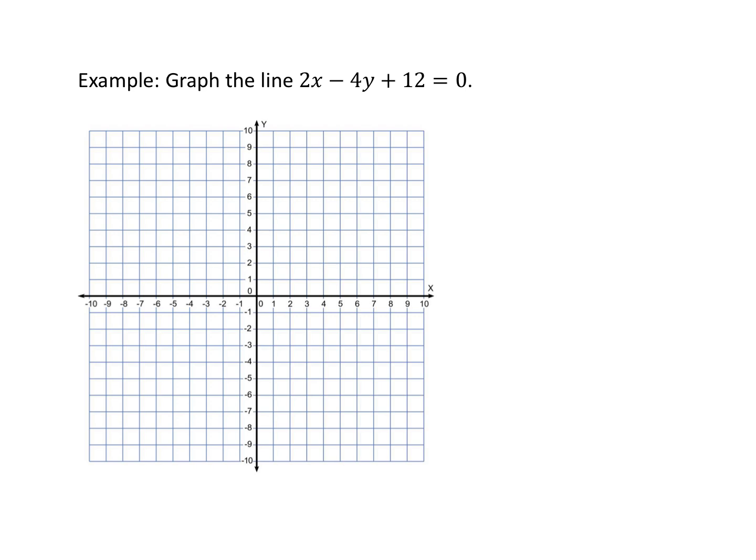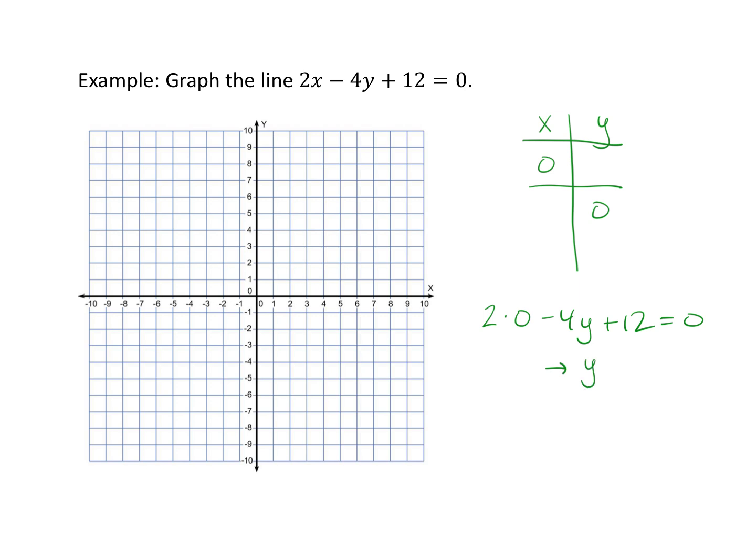In this problem, it's given in general form, which is not particularly helpful. So I'm going to use the intercept method by making an XY chart. I'm going to make x 0 and y 0 and get the matching coordinate for each of those. So if I make x 0, I have 2 times 0 minus 4y plus 12 equals 0.